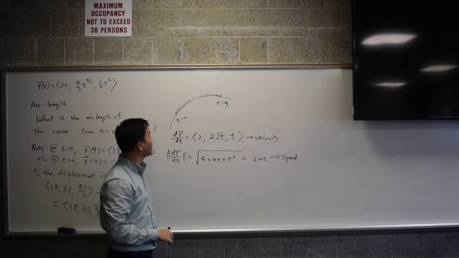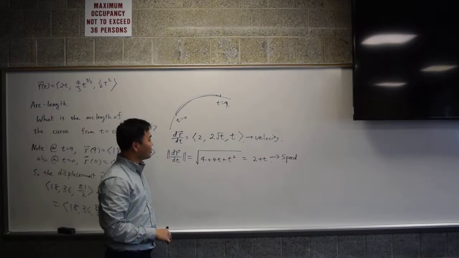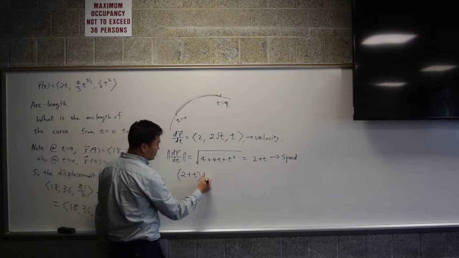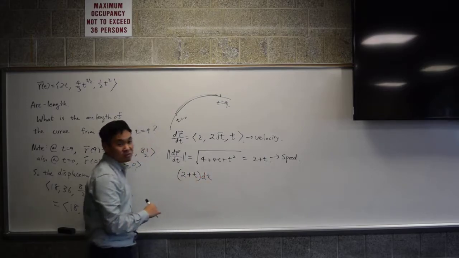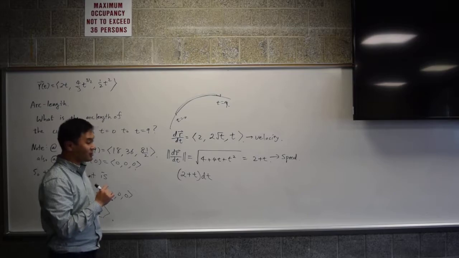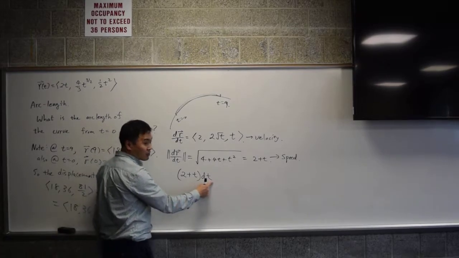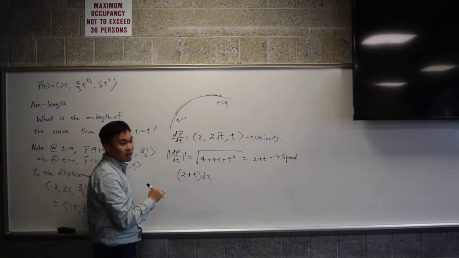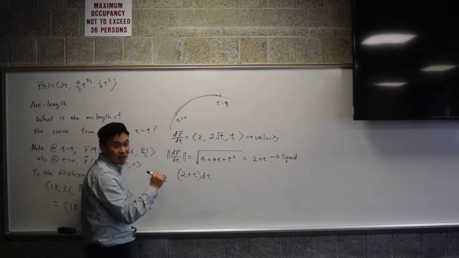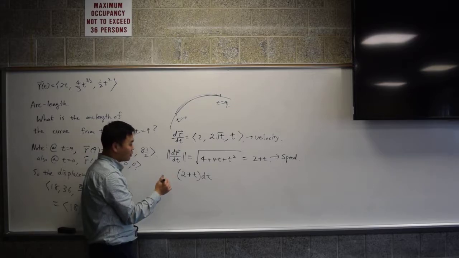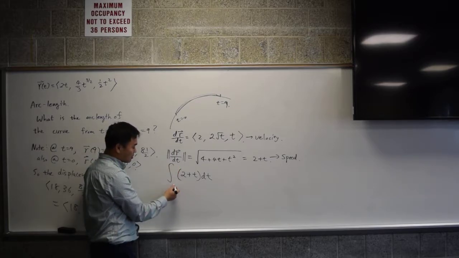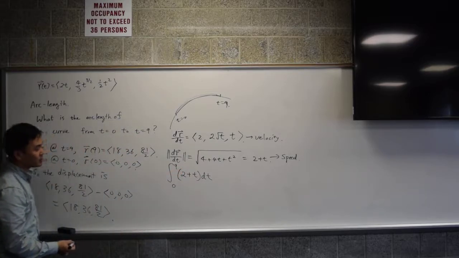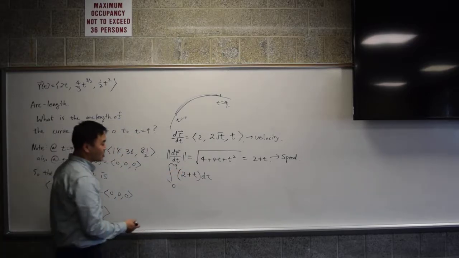And therefore, if you multiply it by dt, this is going to tell you how much distance it covered in a given time dt. And if you want to know the total distance traveled, you integrate it from t equal to 0 to t equal to 9. So it's like this.